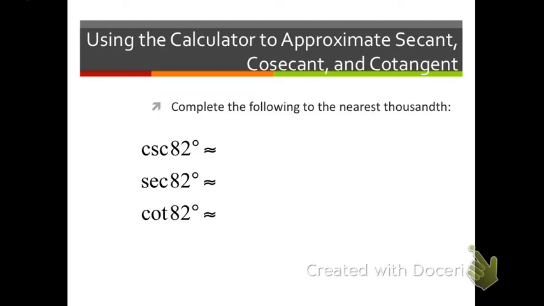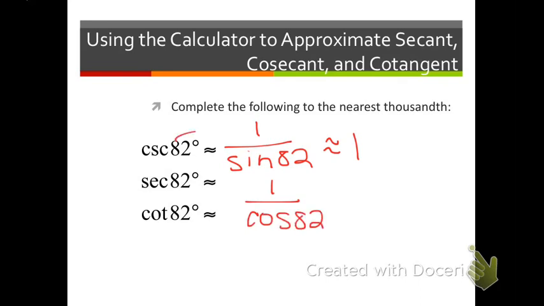Okay, so cosecant is the reciprocal of sine. So this is 1 over the sine of 82. So we're going to do 1 divided by the sine of 82. And we get really close to 1 here. It's just about 1. We're going to do 1 over cosine of 82 to get the secant. And we get approximately 7.2.